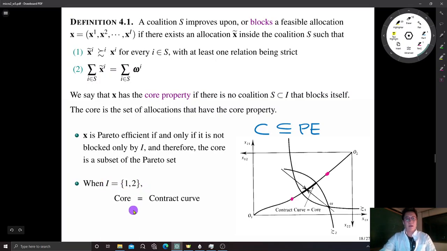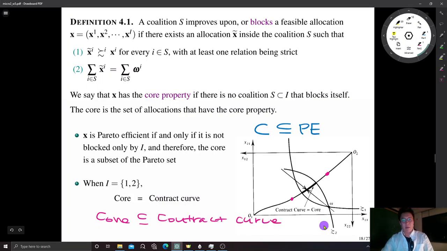Okay, but in case of more than two consumers, now the core will be a subset of the contract curve. Because the contract curve just examines a coalition consisting of one individual, like in this example, right? Because a contract curve is defined as the portion of the Pareto set between the indifference curves.